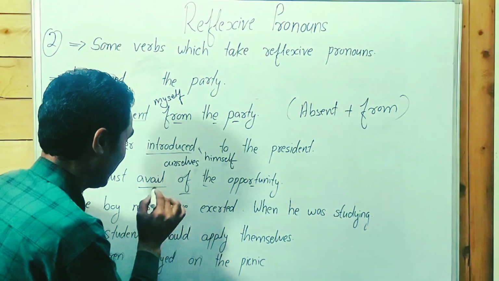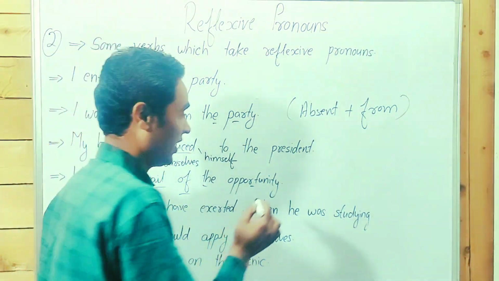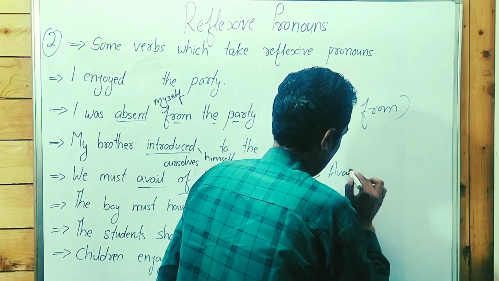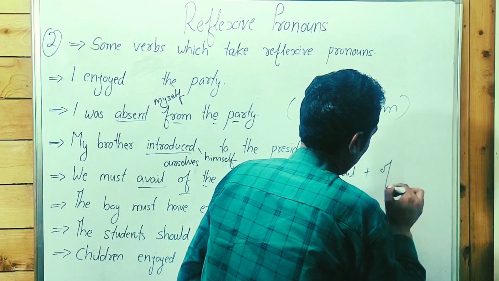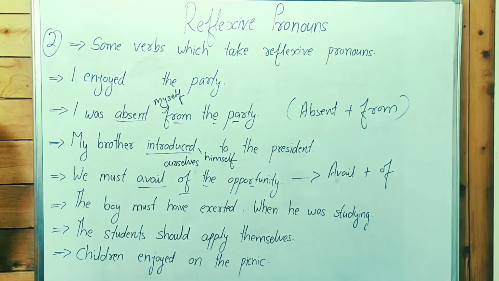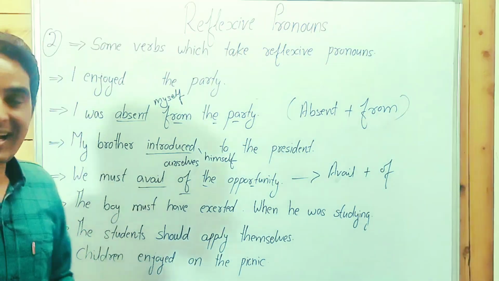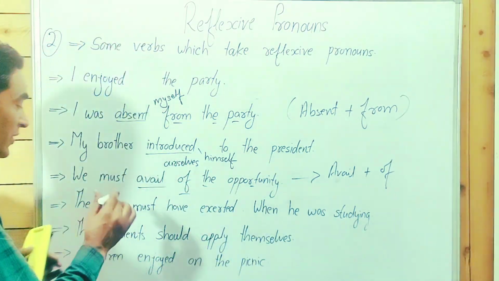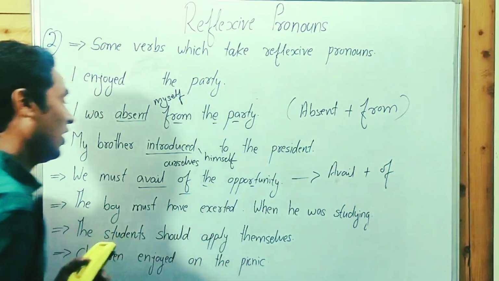Avail of is a fixed preposition: avail plus of. "We must avail ourselves of the opportunity" will be the correct answer. We don't say "we must avail of the opportunity."